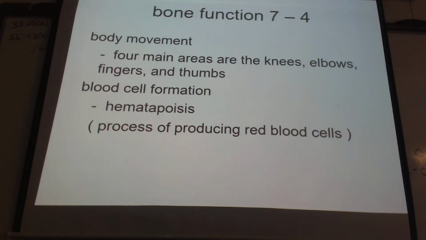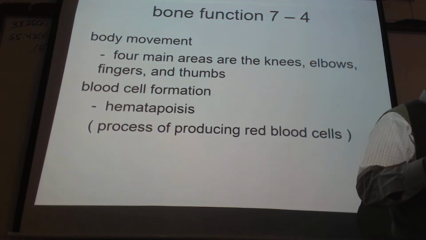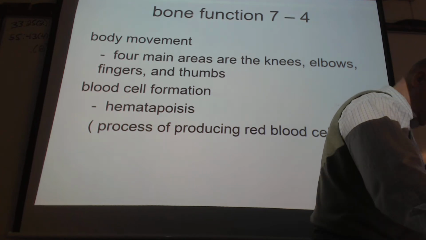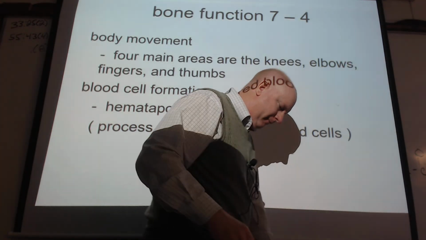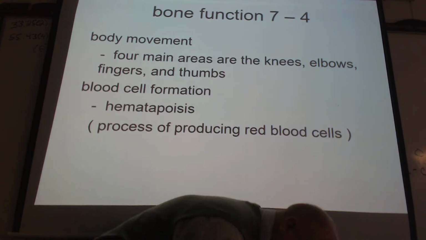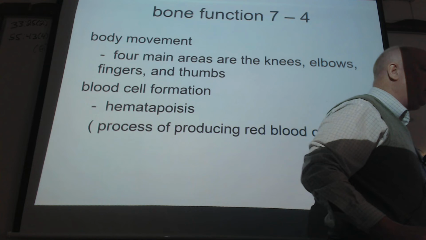Okay, I think we will start talking about joints tomorrow. But one of the aspects I wanted to continue moving forward with is the rest of your axial skeleton. Can you name the 2 divisions of your skeletal system?